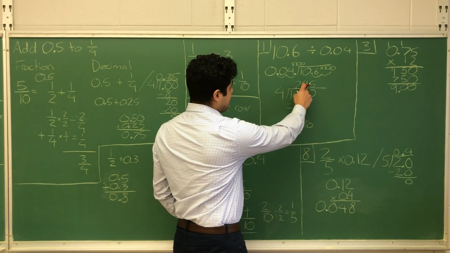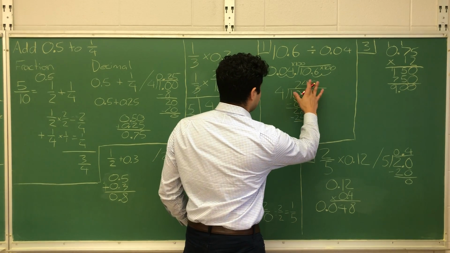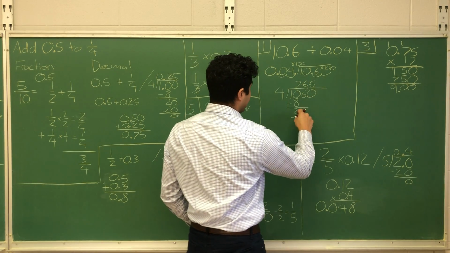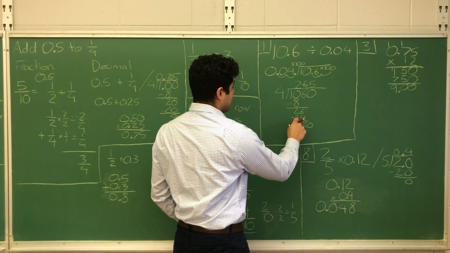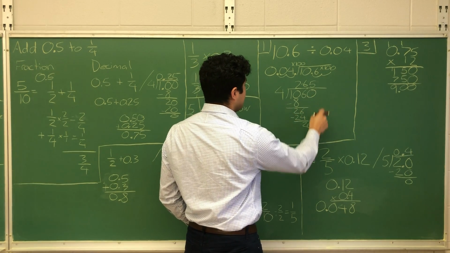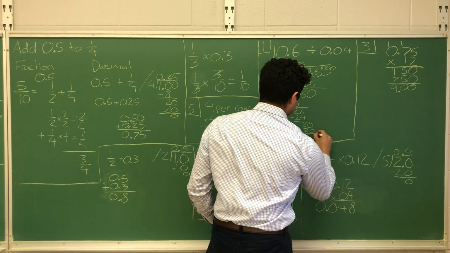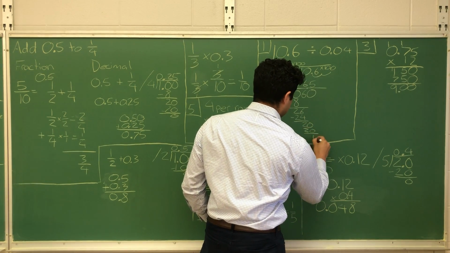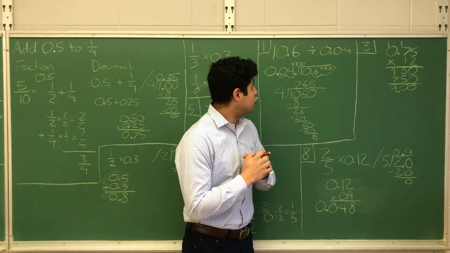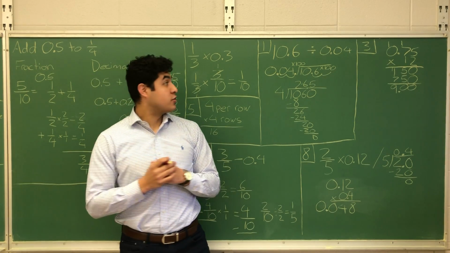Oops, I totally did that wrong. 6 times, I'm sorry, evenly. 6 times 4 is 24, and so I've got my 24 subtracted. 26 minus 24 is 2, bring down the 0, and now I've got 20 divided by 4 equals 5, and I've got a 0, so no remainder. So my final answer would be 265. For answer number 1 is 265.